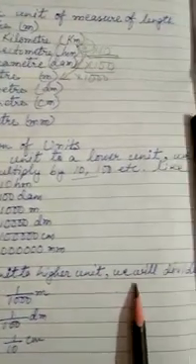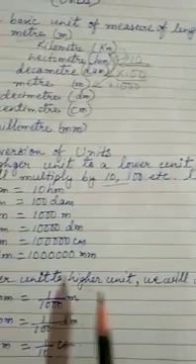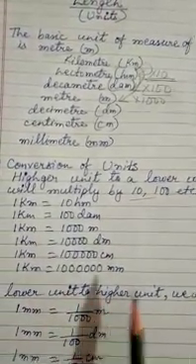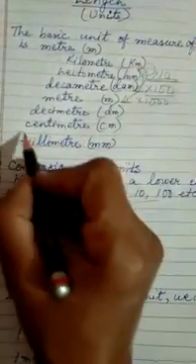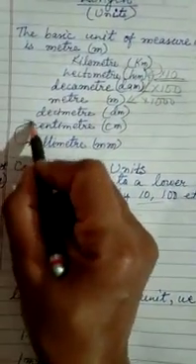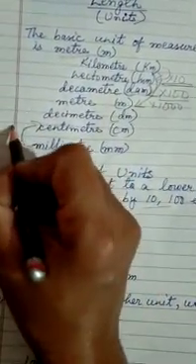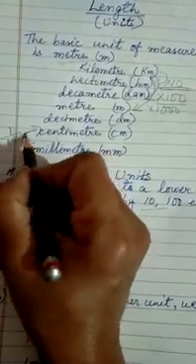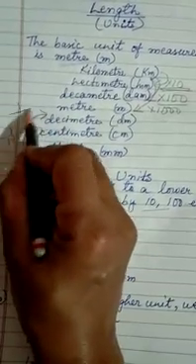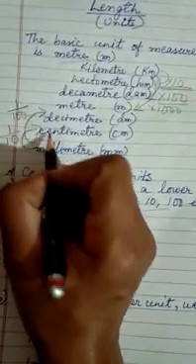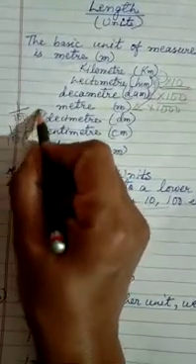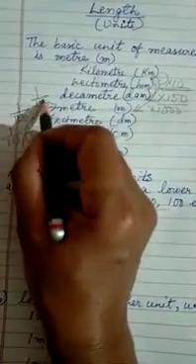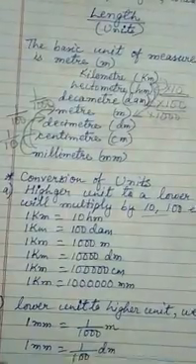Okay. Now let us study how we can convert from a lower unit to a higher unit. For that we will divide by 10, 100, 1000 and so on. Like from millimeter to centimeter, 1 millimeter is equal to 1 by 10 centimeter. 1 millimeter is equal to 1 by 100 decimeter. 1 millimeter is equal to 1 by 1000 meter.